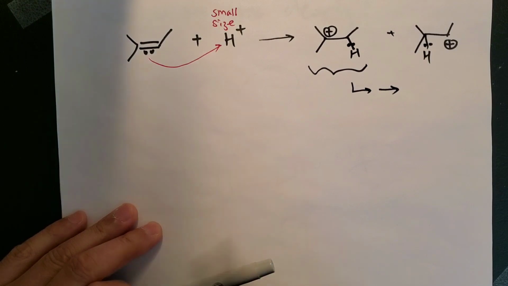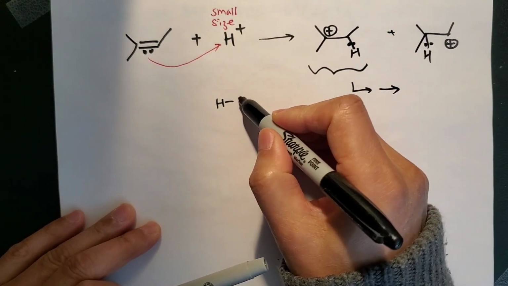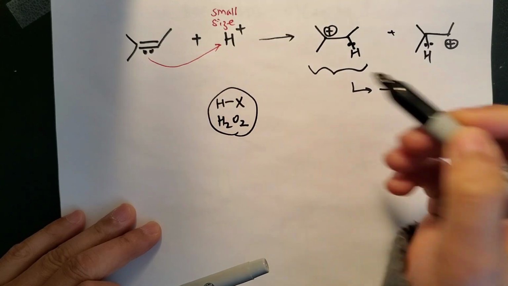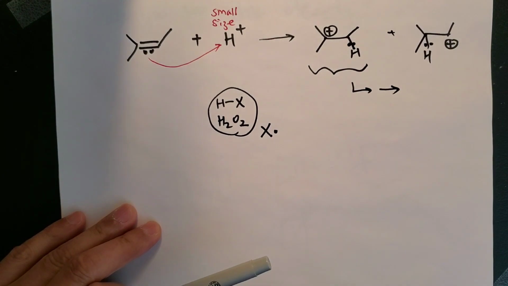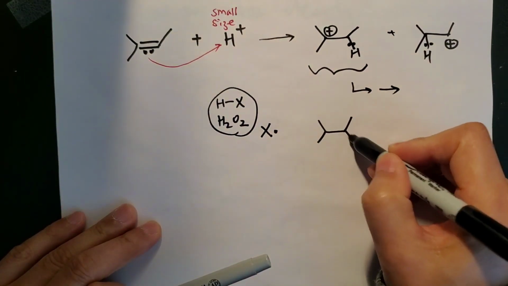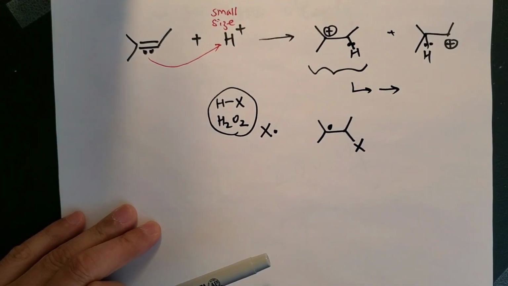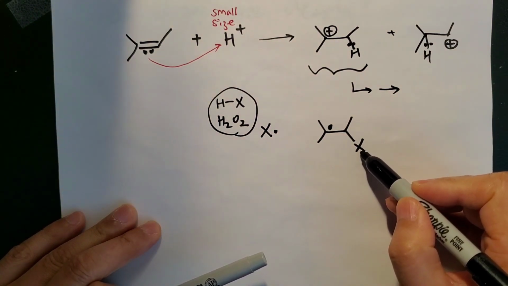And in the other case, this was radical, when you had HBr or HCl with the peroxide. This generated halogen radicals and was able to also form a more stable intermediate radical on the more substituted carbon. So instead of hydrogen here, you get the halogen.